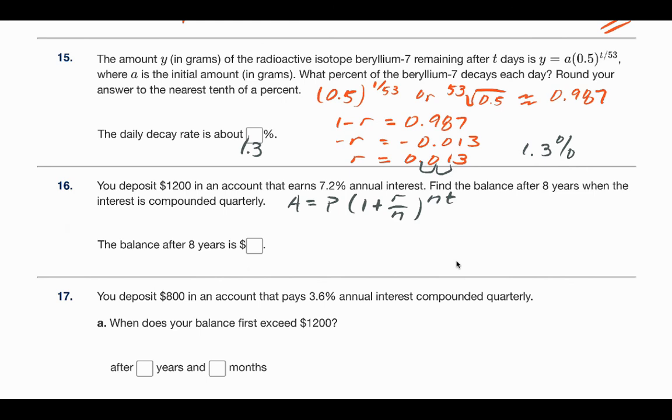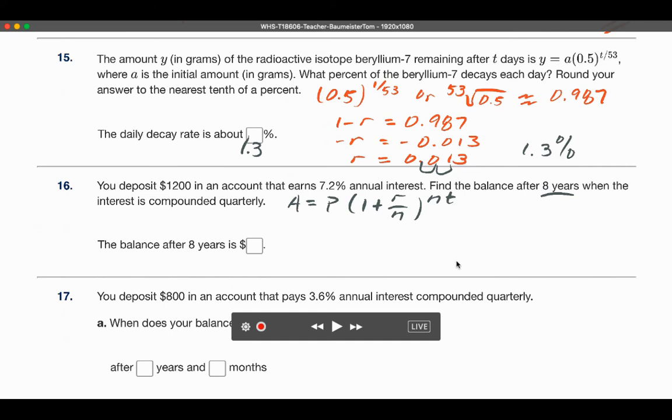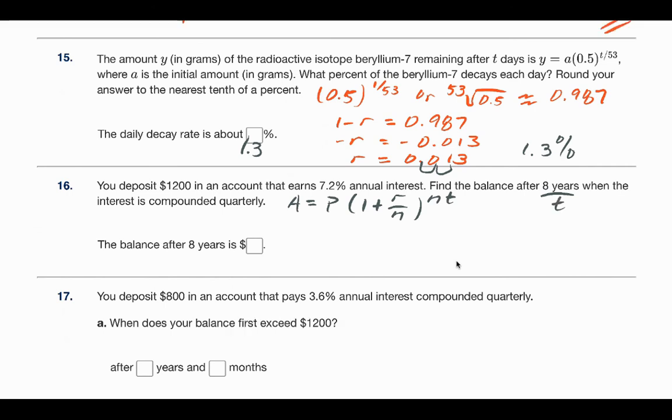So when I do that, remember our t is going to be 8 years. Our percent, we have 7.2%. That is going to equal 0.072. And quarterly, remember quarterly is 4 times. Okay, quarterly, just think there's 4 quarters in a dollar.